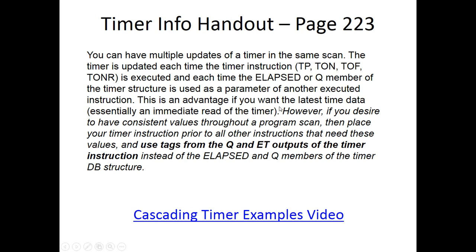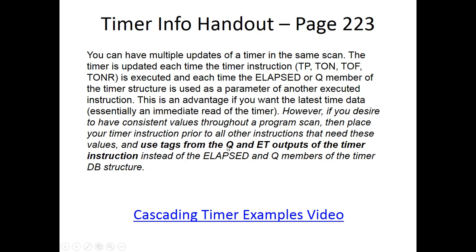So it's an advantage if you want the latest time data. It's an immediate read of the timer at any time, no matter where you're at working down the structure or the ladder. However, if you desire consistent values throughout a program scan, then place your timer prior to all other instructions that need these values. So that could work.